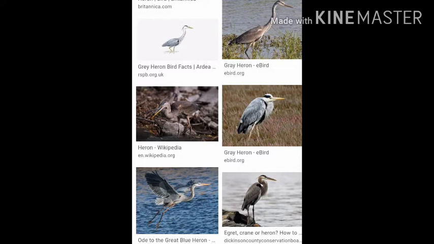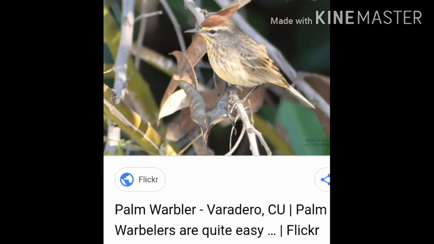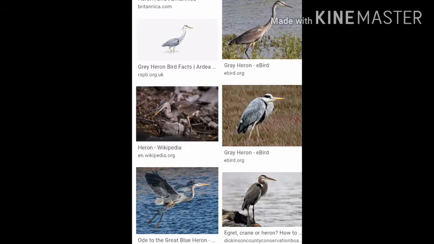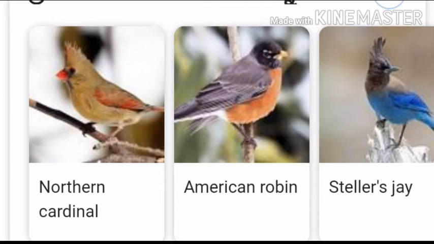Routes of migration: coastal routes, river valley routes, mountain ranges. All these are landmarks for their routes of migration. Coastal routes we are going to discuss first. Migratory birds usually follow a definite route of flight. Generally, this route is common for going and returning. Marine birds follow sea routes.